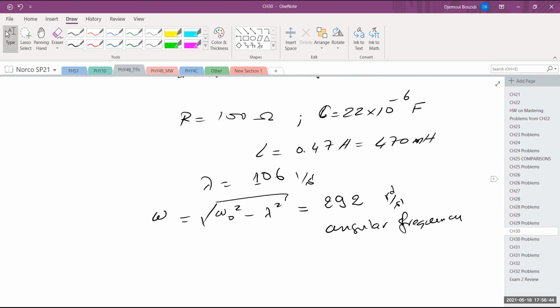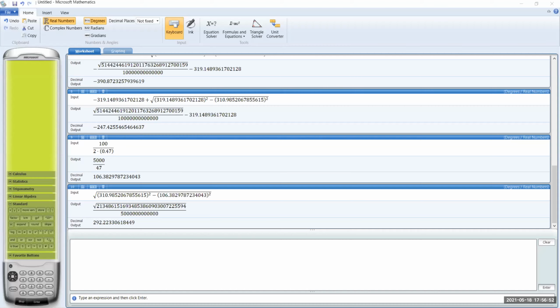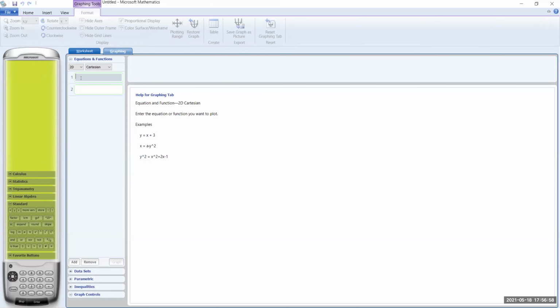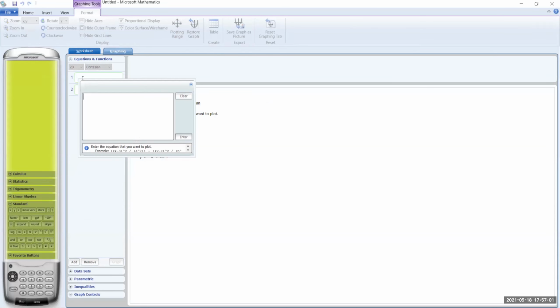So I'm going to stop sharing the screen, and I'm going to share with you this calculator. And let me move it in here. So I'm going to go to the graphing capability of this calculator, and I'm going to enter my function. Function y equals, I'm going to leave the amplitude in here as 1, okay?